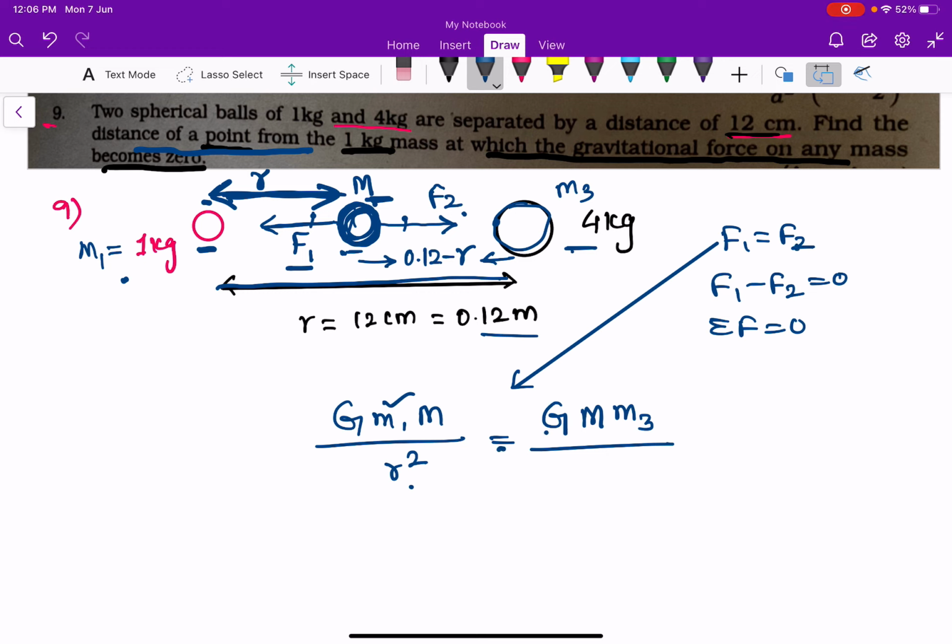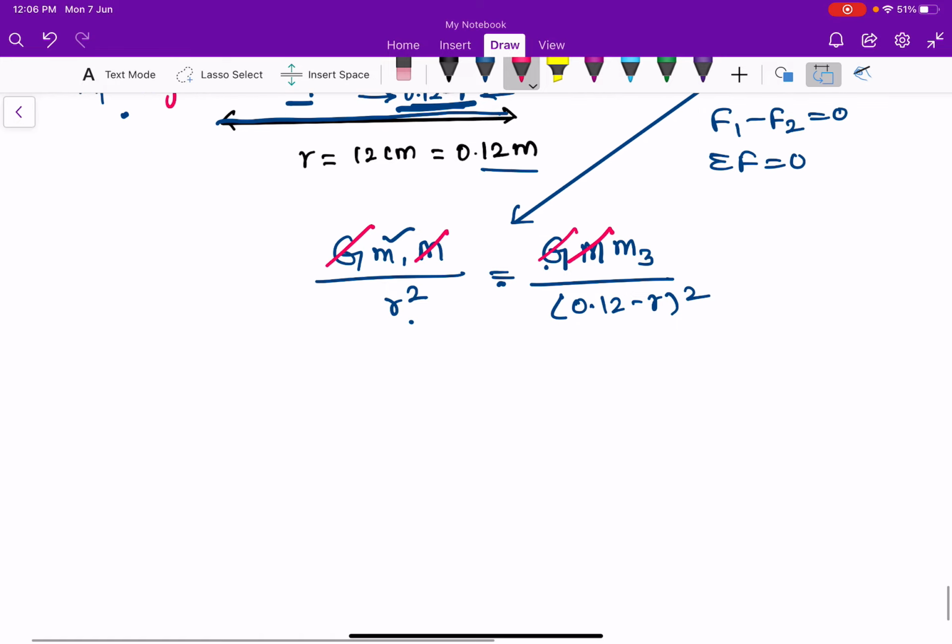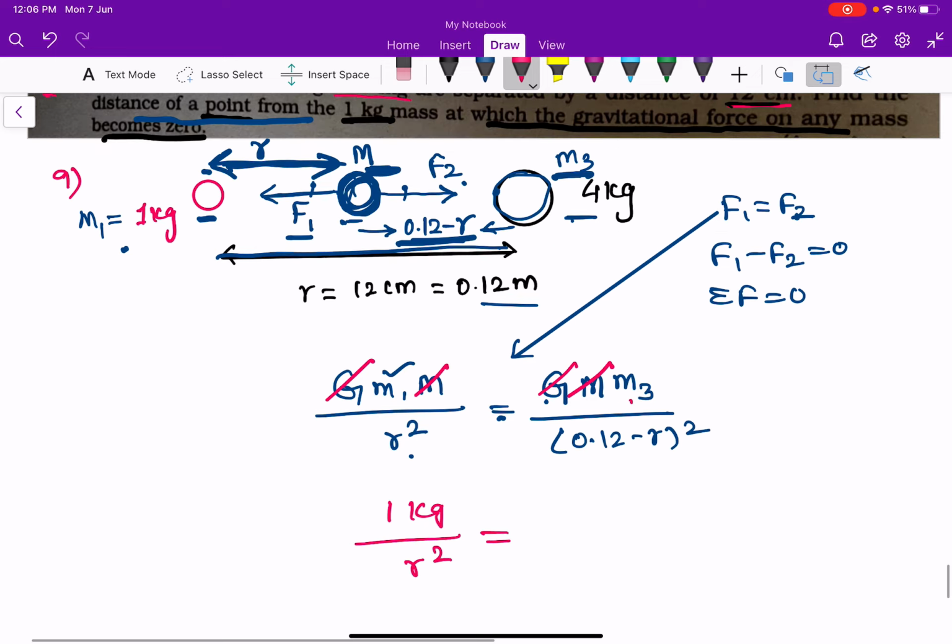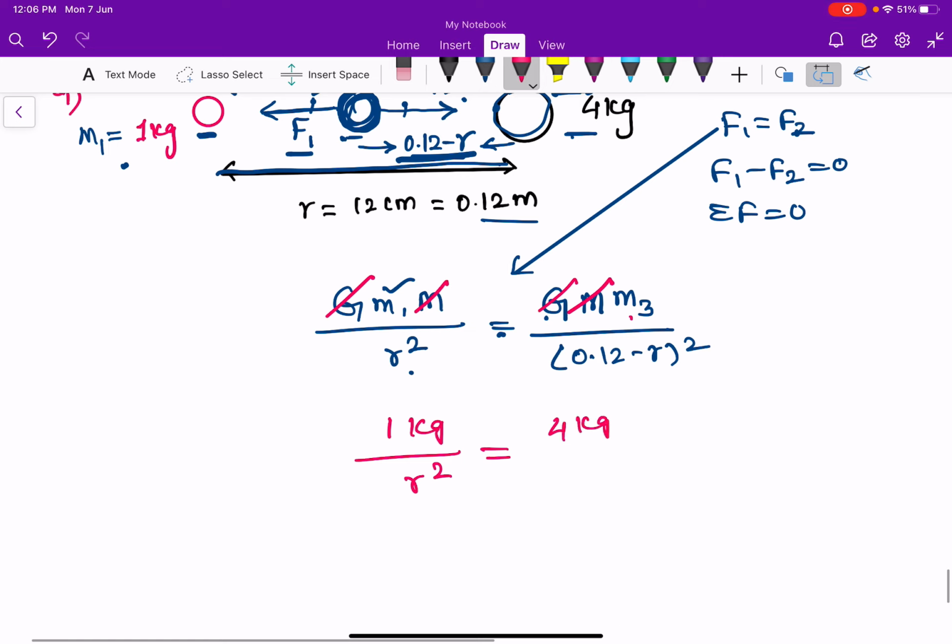F2 is G capital M into M3 divided by 0.12 minus R whole square. Here G and G cancel, capital M and capital M cancel. So 1 kg divided by R square is equal to 4 kg divided by 0.12 minus R whole square.